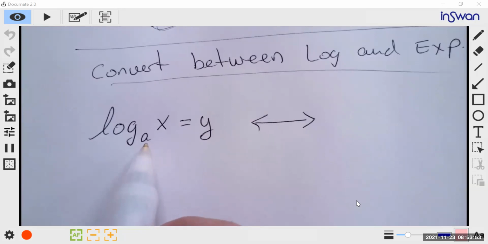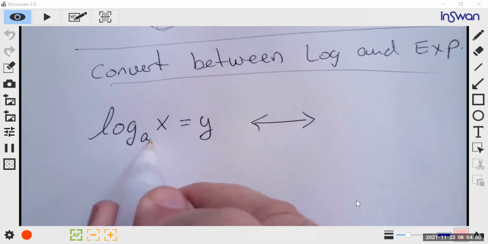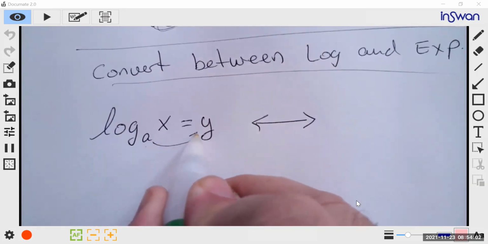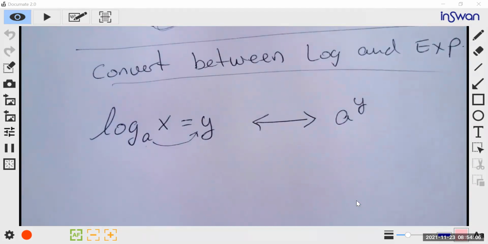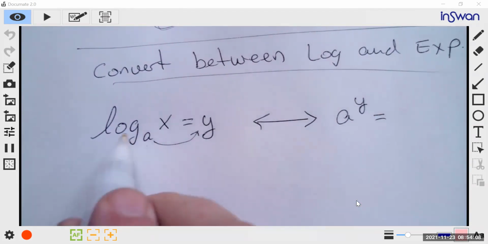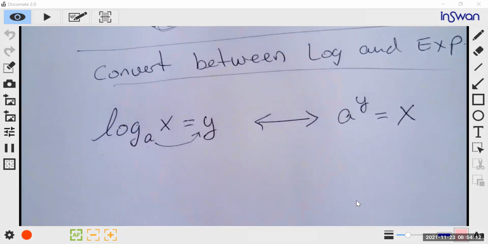Remember, a is still the base. When we do the conversion, it has to remain the base. What happens is this: this base pushes up the y. Since the base is gone, it just has x. So there's the conversion.